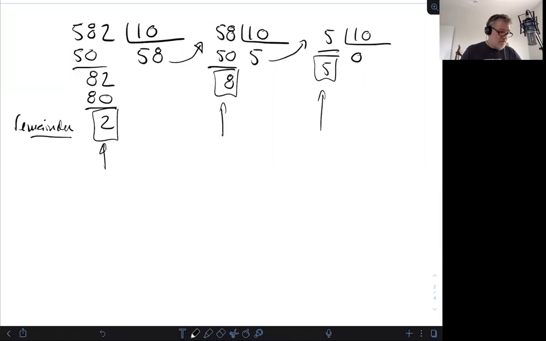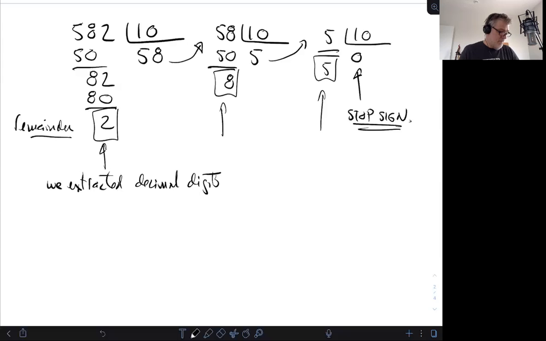Until when? When did I stop? This is my stop sign. I've got no tens left in my divisions one after another, so I just stop. Okay, so you see that we extracted the decimal digits by successive divisions by 10.